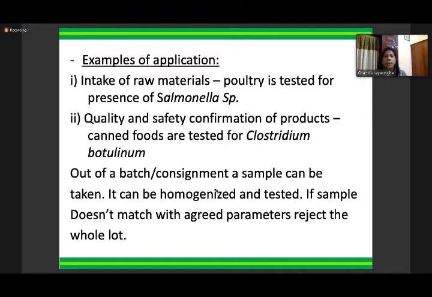Therefore, for quality and safety confirmation of products we also use this single sampling plan. Out of a batch or consignment, a sample can be taken, homogenized and tested. If the sample doesn't match the agreed parameters, reject the whole lot. That normally happens in customs, especially when we import food samples.